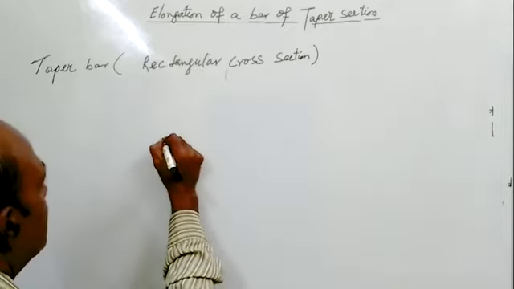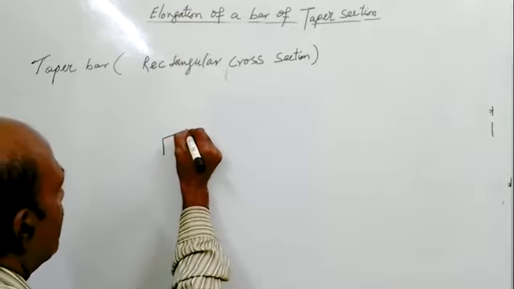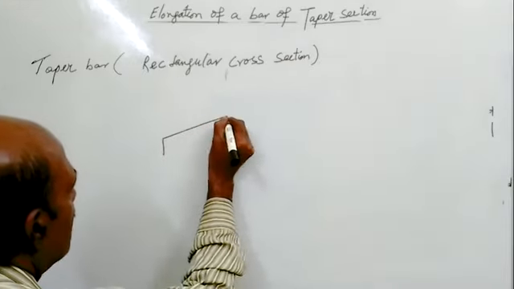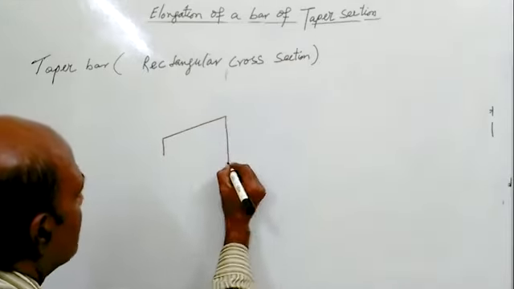So if we see, this is the taper bar of rectangular cross section which has constant thickness.